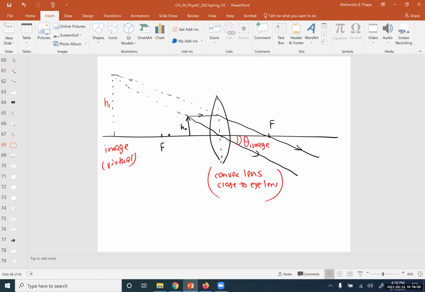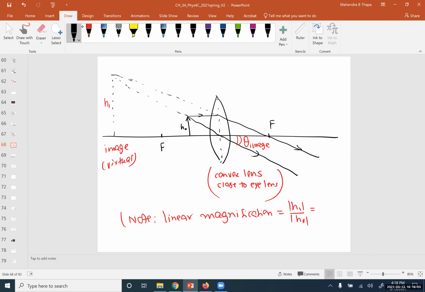So be careful, I'm writing the note, if we talk about linear magnification, if I'm talking just the positive value magnitude, it will be h1 over h0, or equal to image distance di over object distance d0.